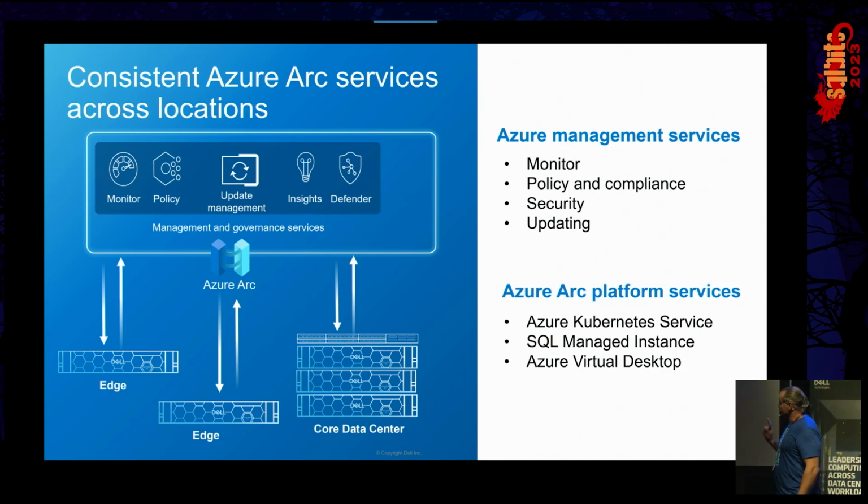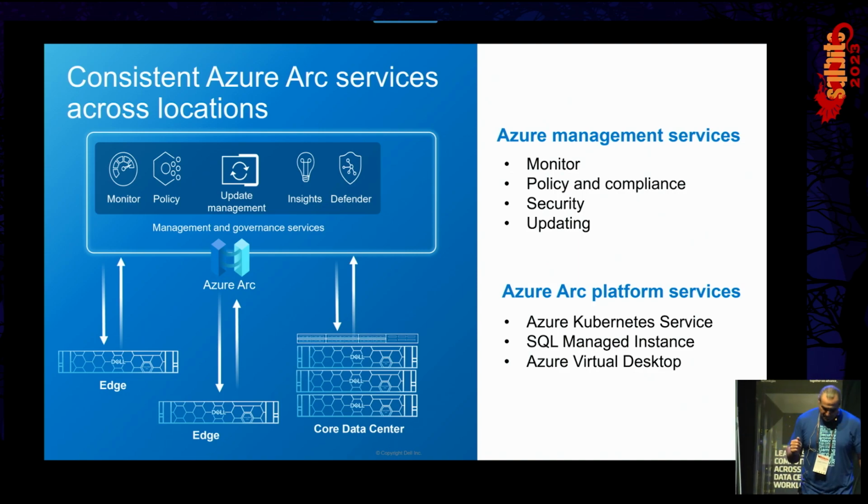And then across locations, different edge locations depicted here, maybe with smaller form factor HCI nodes, and then in the core, and then also using Arc as that single pane of glass, and you'll see that here in my demo. When I first started talking with Arc, I think it was actually called Project Tina, right, Steve? I think that might have been what it was called before it came out.